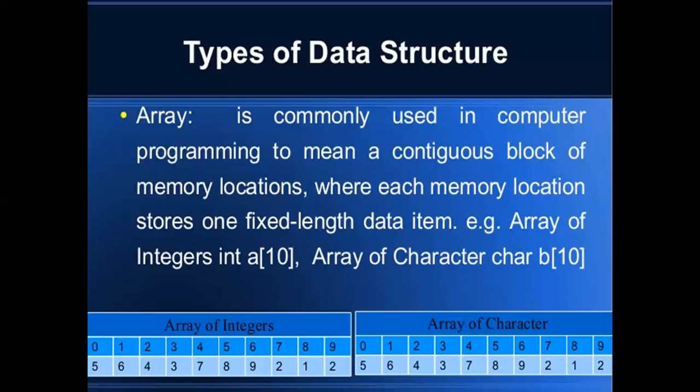But here an array is considered only for the same data type. That means multiple data types we can't store. If the array is considering the employees data, only the characters of employees will be considered. So a combination like integers and characters we can't store. Okay, this is one type of data structure.